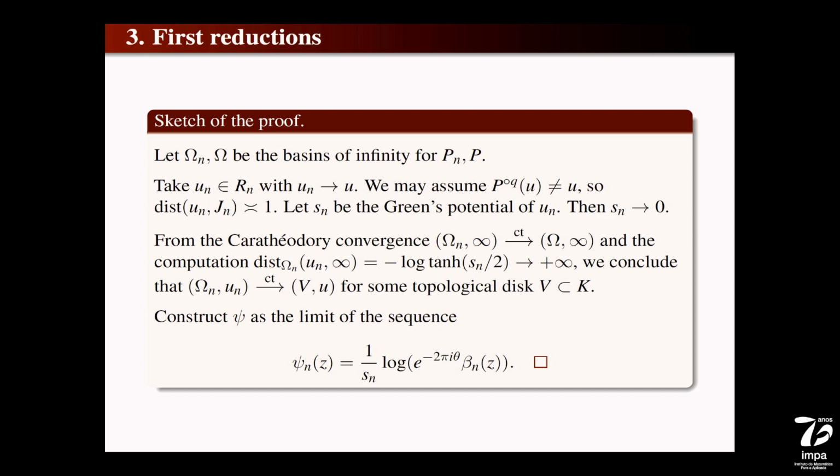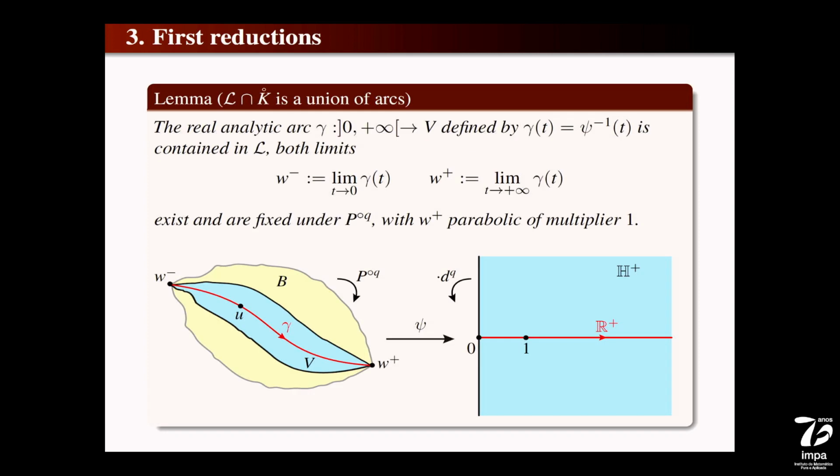You use a normal family argument, you extract the limit. And the fact that this curve, gamma, that I showed in that slide, has a future limit and a past limit is just simple hyperbolic geometry estimates. And the fact that W plus is parabolic with multiplier 1 is Snell's lemma. So that's just automatic.